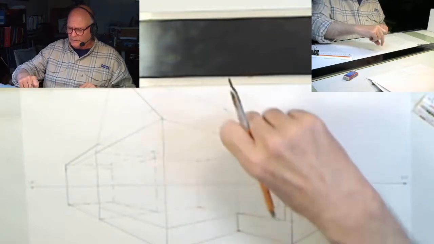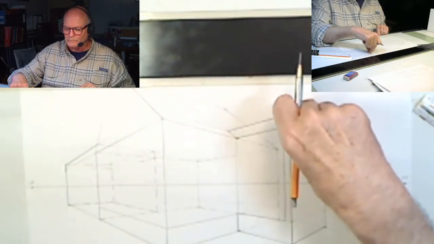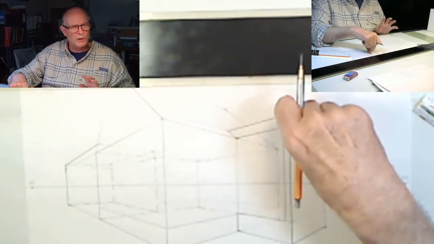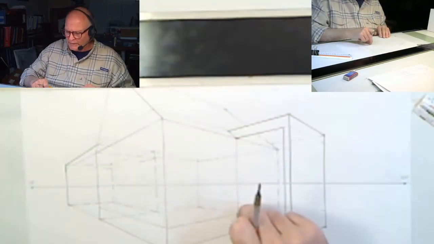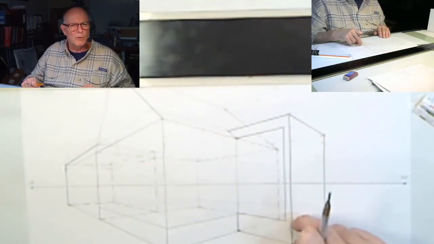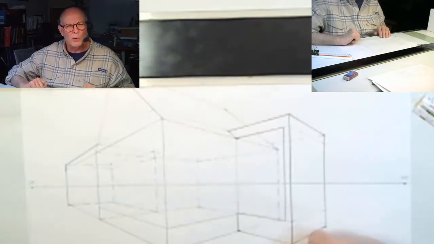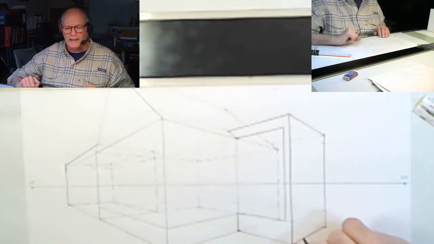We've added in a thickness of a roof line or a top, a thickness of the floor, and a thickness of the wall here. So hopefully you see that.